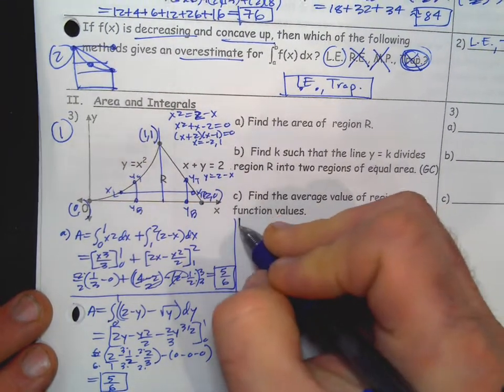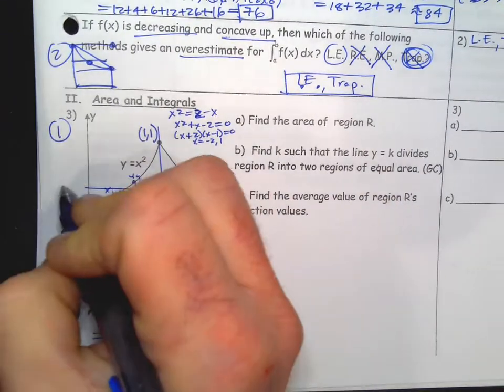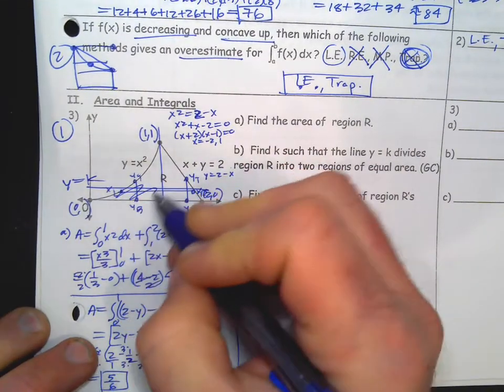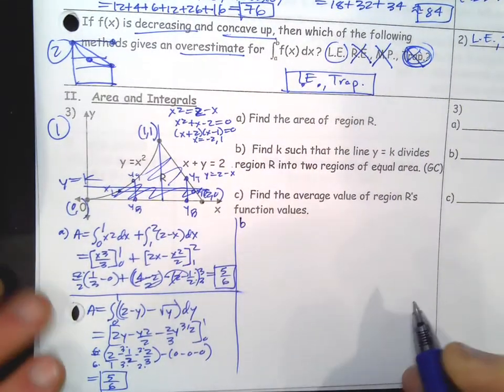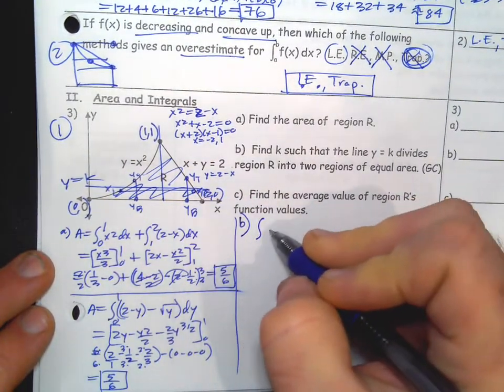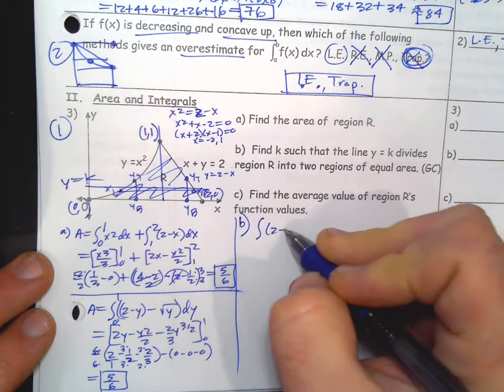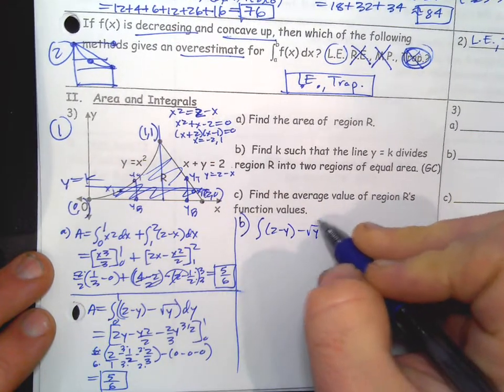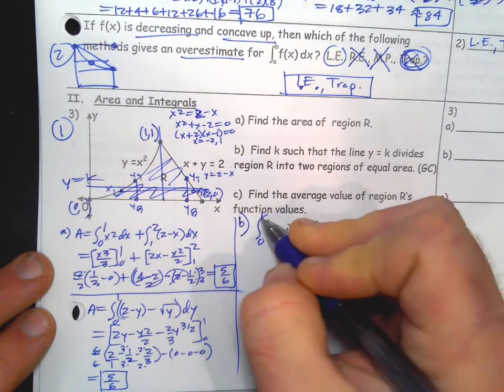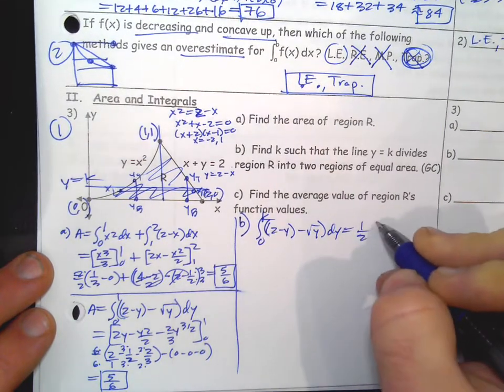Part B, we want to actually use a line y equals k, and it's going to divide the region into 2 equal regions. So half is above, half is below. So we have to do horizontal slicing here. We have to do 2 minus y minus the square root of y, like I just set up. And then I'm going to go 0 to k, equals half of the area we just found.